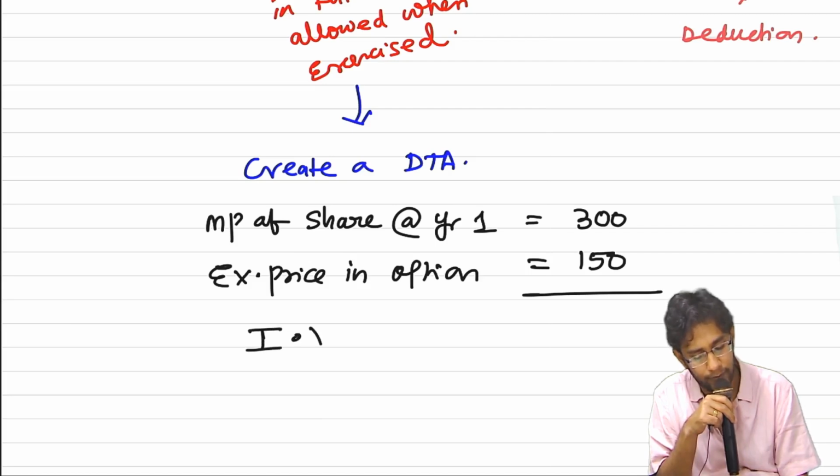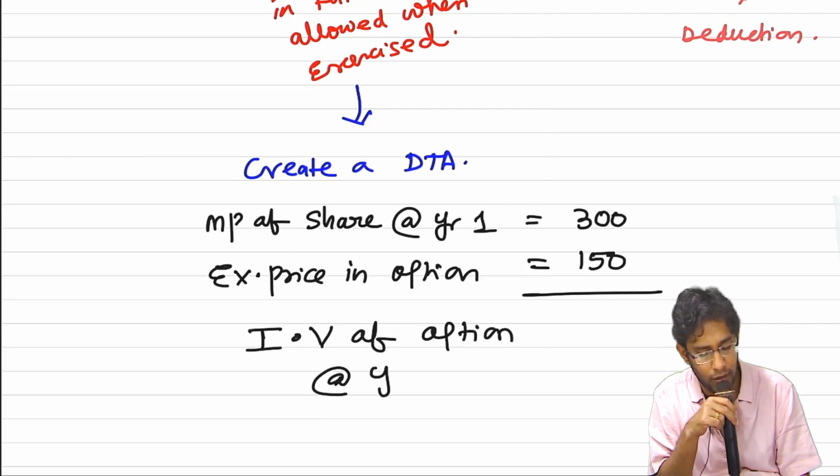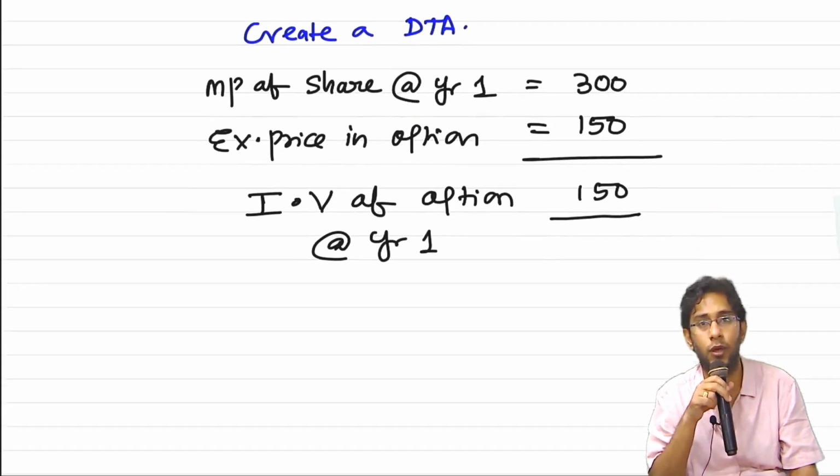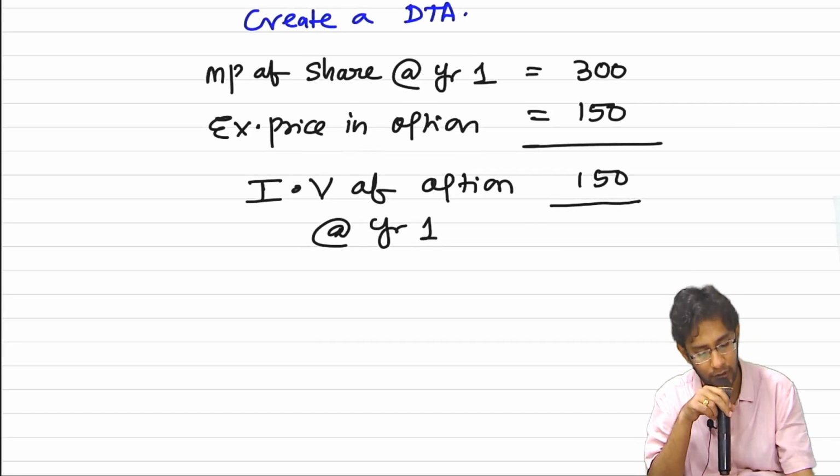Work out the intrinsic value of the option at year 1. So the option worth is 150, the entire option's worth. We are talking only about the current year. The vesting period is 3 years.